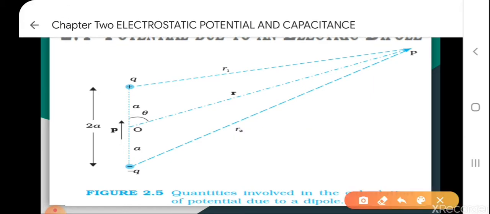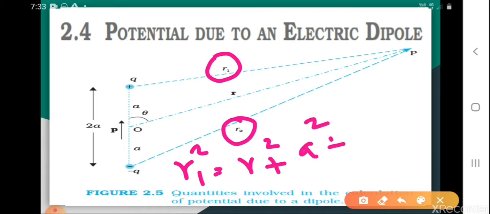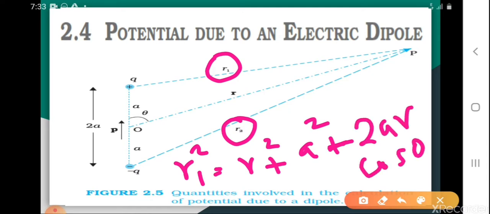Here we can find that r1 squared is equal to r squared plus a squared minus 2ar cos theta.